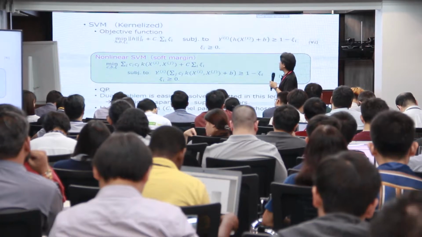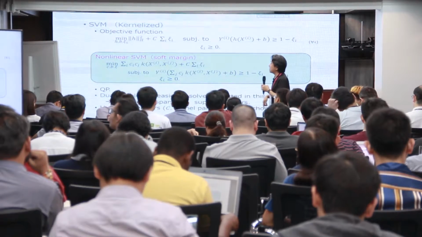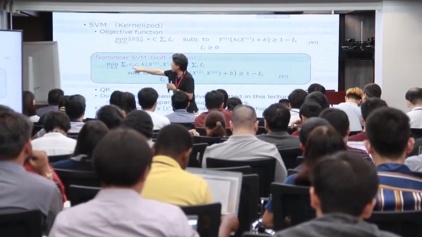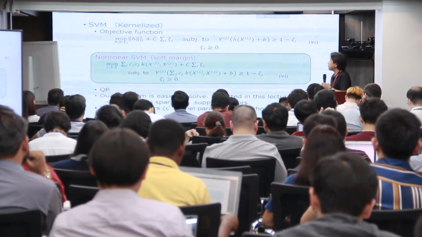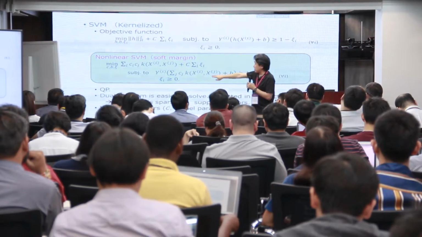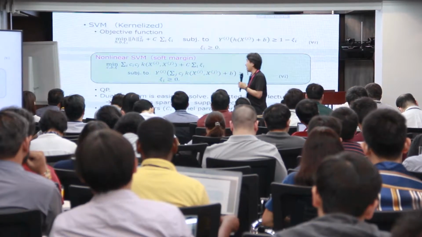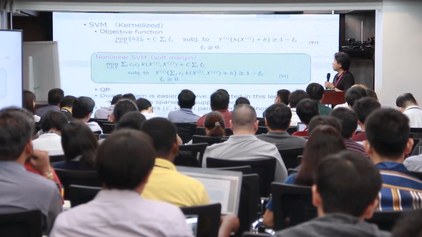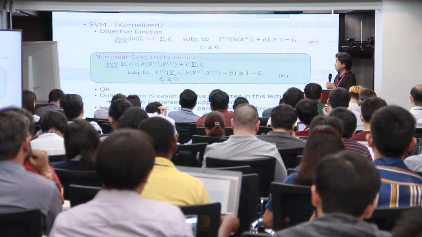Sorry, I have forgotten to write the function form of h. H is given by the linear combination of feature vector, and the coefficient is given by ci. And this part can be also rewritten in the form of Gram matrix, and the coefficient is given by Cj. So we can obtain the objective function of nonlinear support vector machine in this way.